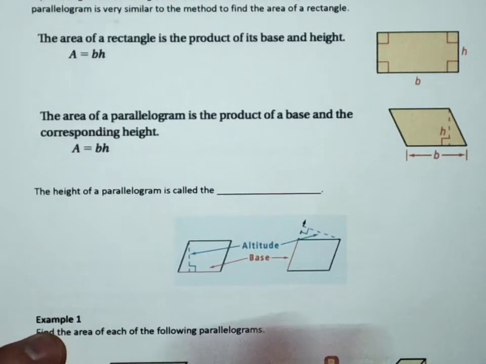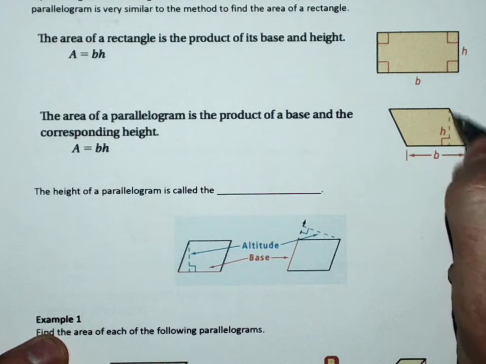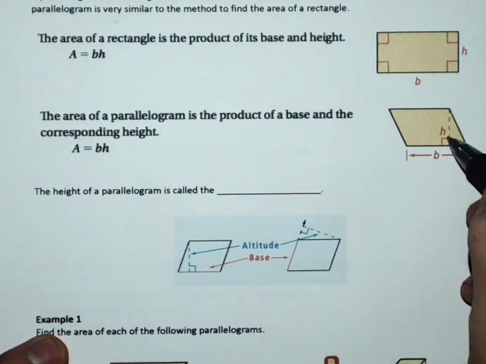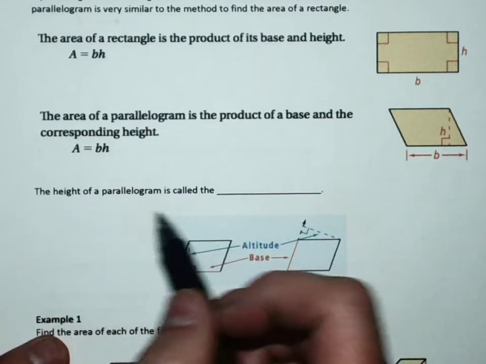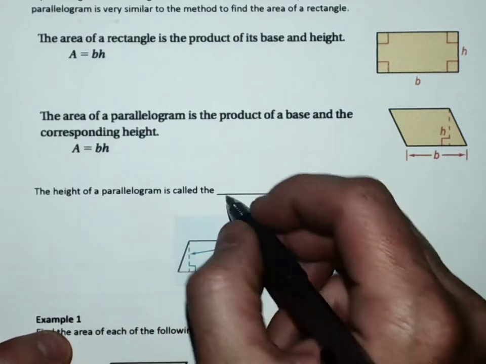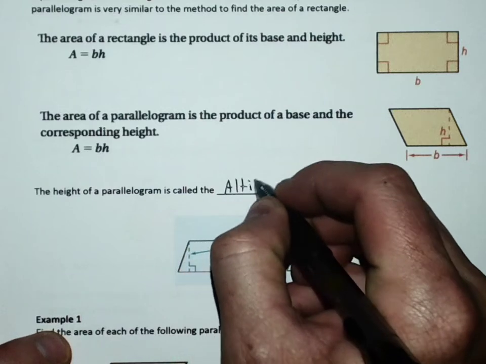However, the one important thing about a parallelogram is that the height must come perpendicular to the base. So what you might be seeing here is we have a right triangle. So yes, right triangles are going to come back in this section. We're going to be using right triangles to find the heights of parallelograms. The height of a parallelogram, though, has a special name. It's called the altitude.